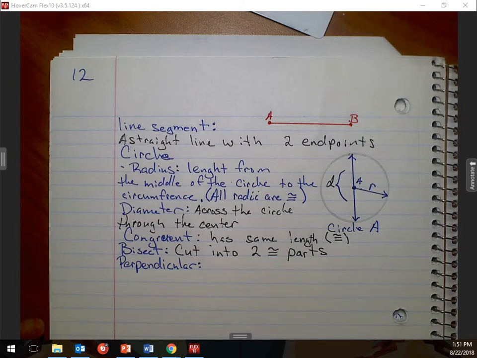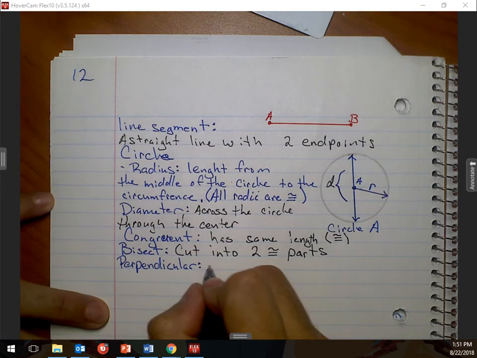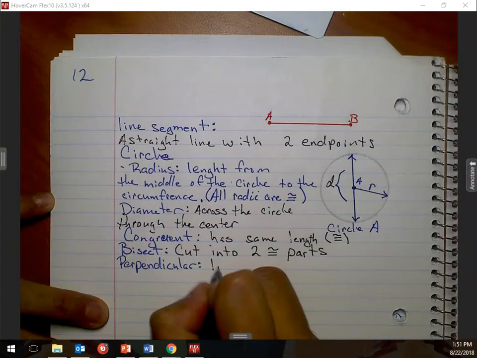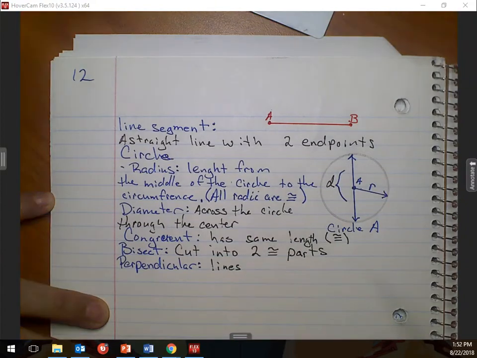Two lines cross, but now, can you give me an example? Show your arms. Like that, right? Where they cross, right? Okay, so where they cross, but what do they form when they cross? 90-degree angles. Very good. That's what we're looking for. Okay? So, perpendicular is lines that intersect at a 90 degree angle. Very good.